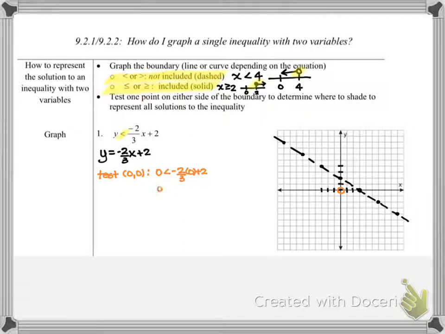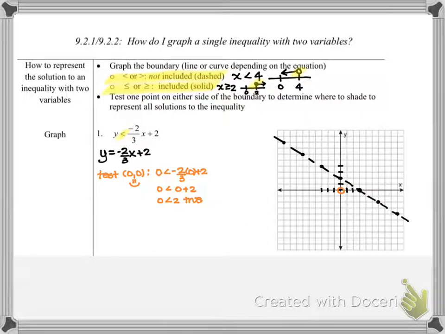So I'm going to get 0 is less than, okay, anything times 0 is just 0. 0 is less than 2. Okay, now at this point, I need to ask myself, well, is this true or false? So let's identify 0 less than 2. Yeah, that's true. So that means that my point 0, 0, that worked.